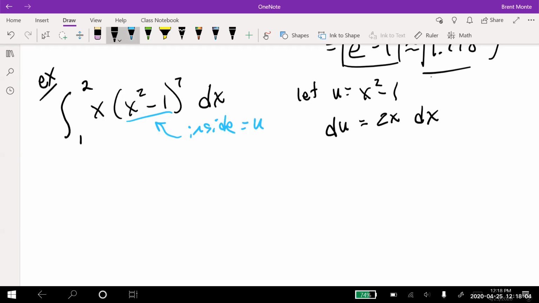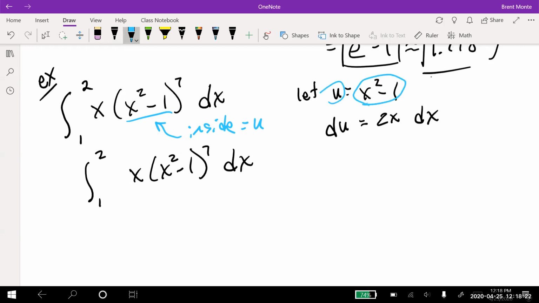And again, look up there, I have the x. I'm going to go down to another line. So if I do x squared minus 1 to the 7th dx, well, first of all, I know that x squared minus 1 is just u. So that becomes u to the 7th.